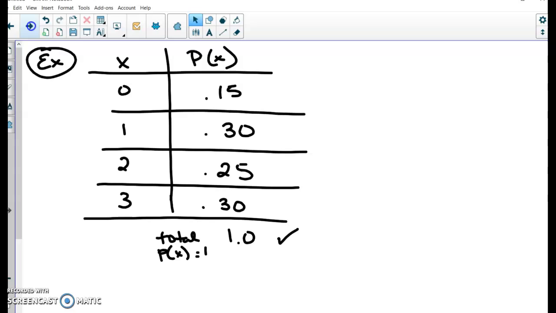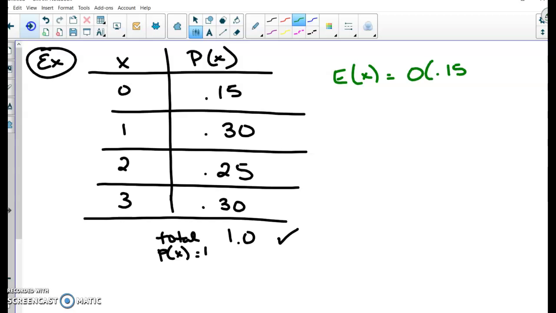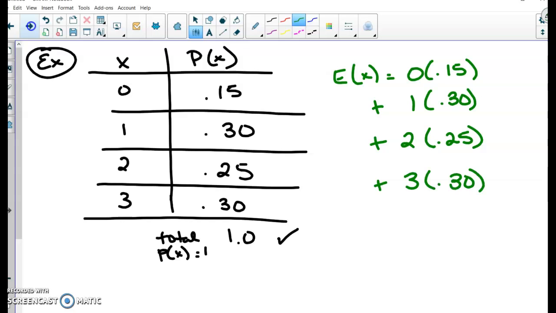So what we do with our expected value, we take our x term times that probability. So I would have 0 times 0.15 plus 1 times 0.30 plus 2 times 0.25 plus 3 times 0.30.